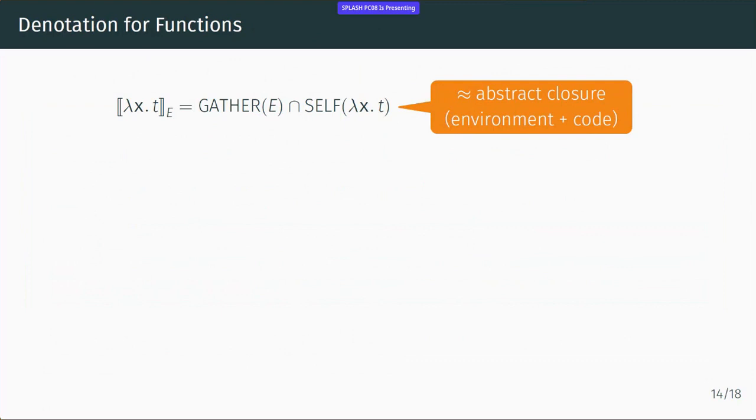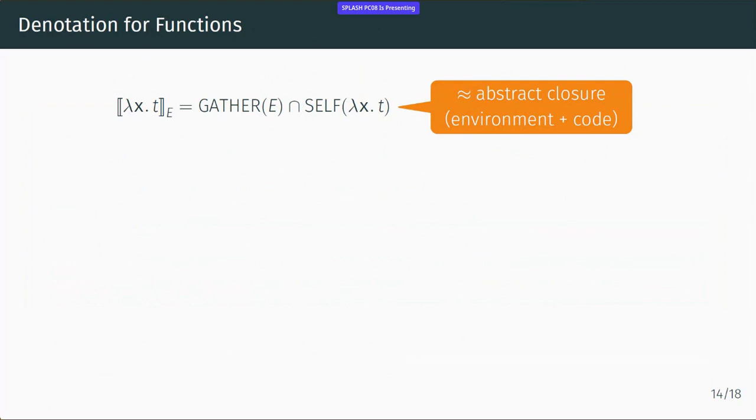So to interpret lambda terms, lambda x dot t, I won't give you all the semantic definitions, but this looks like this: gather of the environments intersected with self of lambda x t. And you can understand this as an abstract closure, where the left part describes the environment of that closure, and the right part is just the code of that closure. So this gives you the intensional behavior of the program.